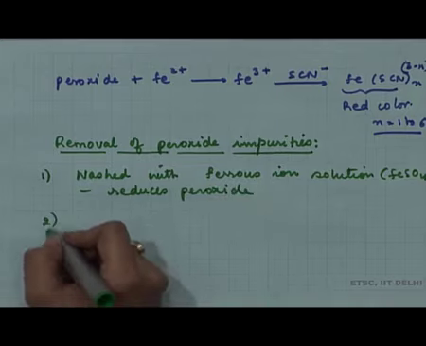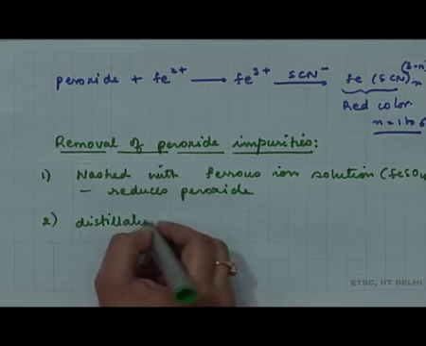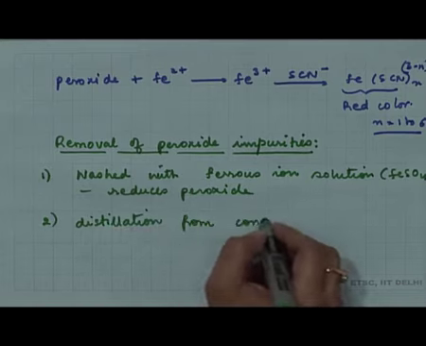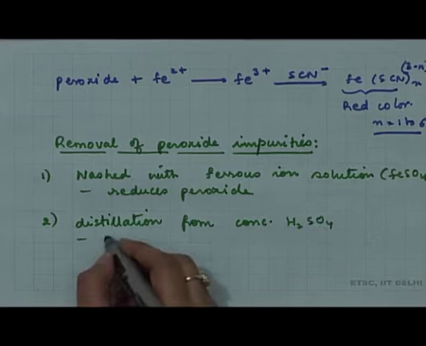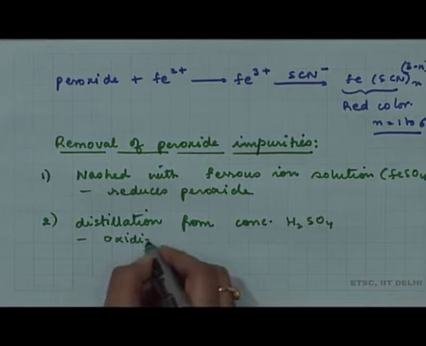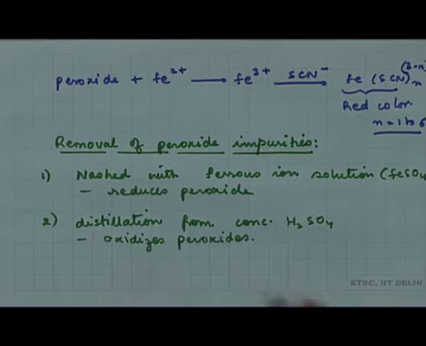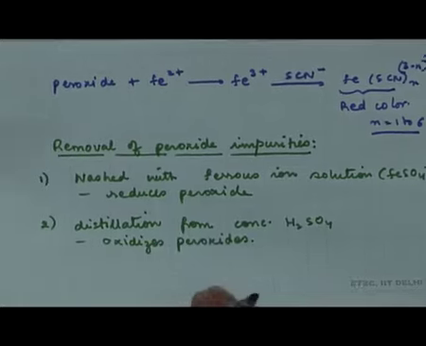Or the second thing, you can distill the ether from concentrated H2SO4, which results in oxidation of the peroxide. So, these are the two ways in which we can convert the peroxides into non-harmful forms and clean up our ethers.